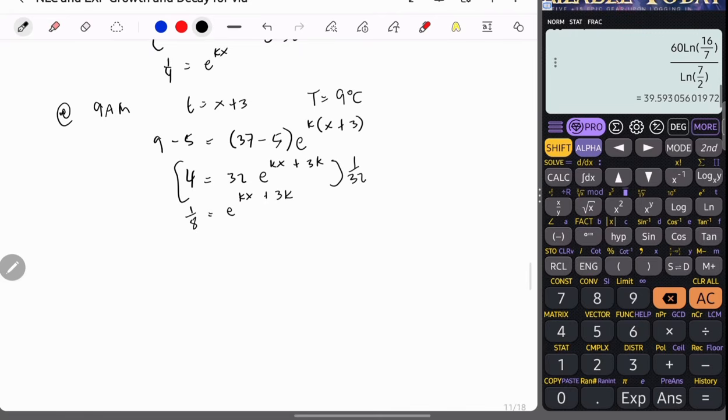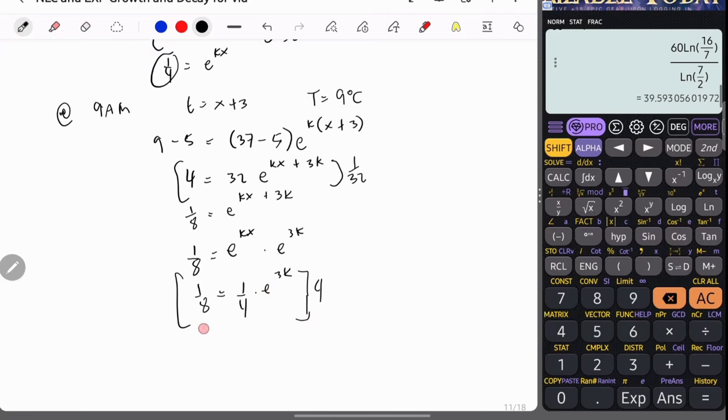Using the laws of exponents, e to the kx plus 3k is equivalent to e to the kx times e to the 3k. And e to the kx is equivalent to 1/4, times e to the 3k. Then we multiply both sides by 4.